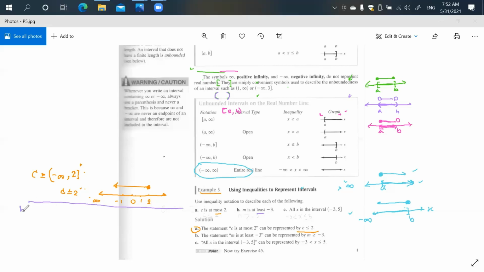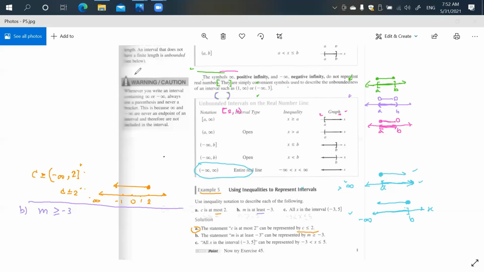So when you write question B in the inequality symbol, M is greater than or equal to -3, right?